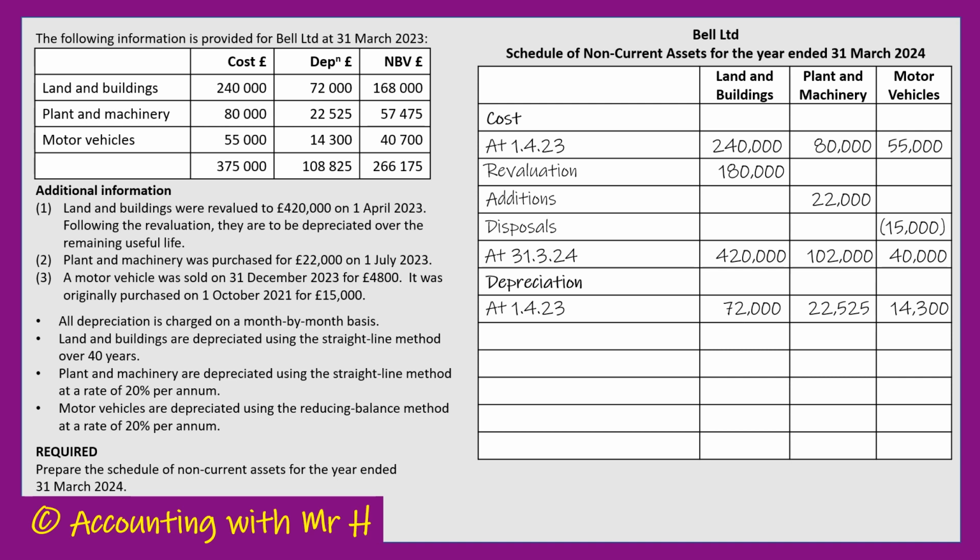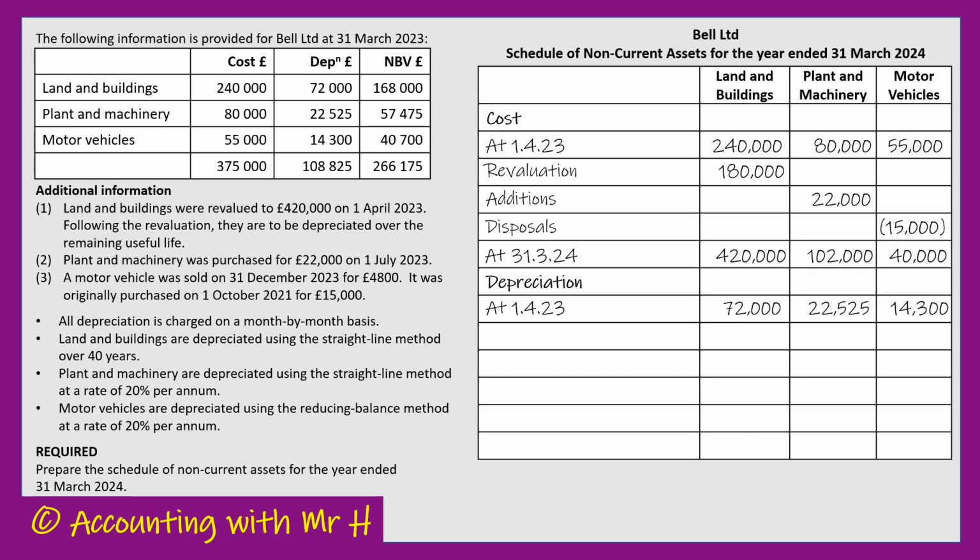I can see that this company has already done £72,000 of depreciation historically on land and buildings. If I leave that in the accounts, immediately that's going to reduce the 420,000. But that can't be right because they've just been revalued to 420,000. So I don't want to take 72 off.